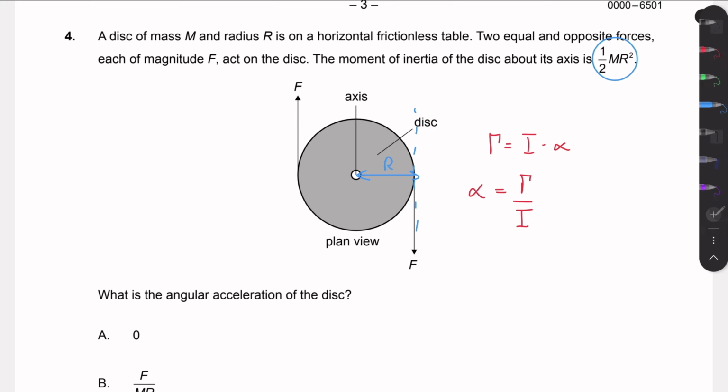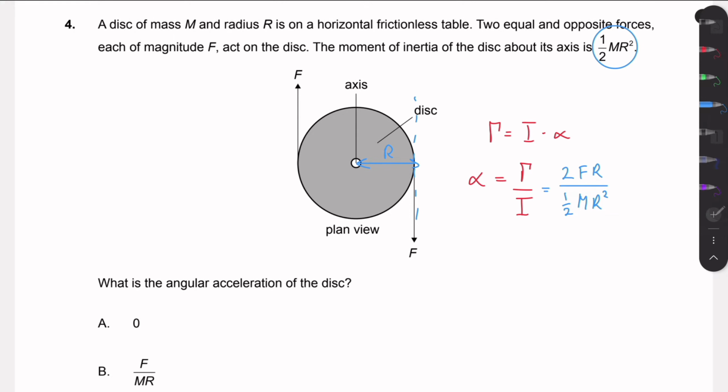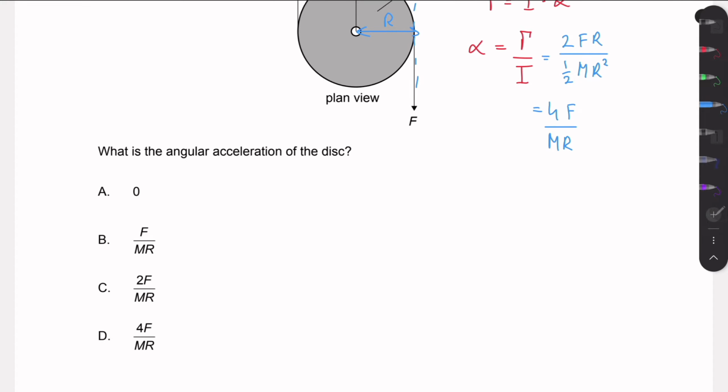This means that we can just add the two torques up. So the torque will be F times r times 2, so 2Fr, as they both try and rotate the disk in the clockwise direction in this case. And then we divide by the moment of inertia, and one of the r's will cancel out, the 1/2 comes to the top, so it'll be 4F divided by mr, which is D.